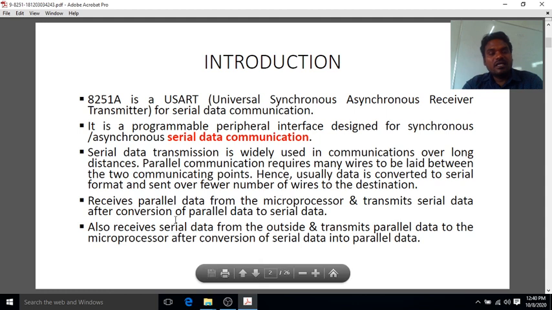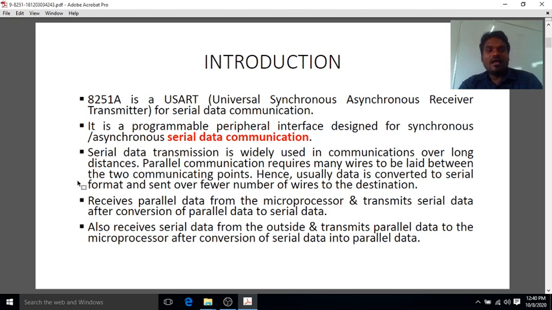The conclusion is that the 8251, the USRT, universal synchronous asynchronous receiver and transmitter, can convert parallel data into serial and serial data into parallel data.